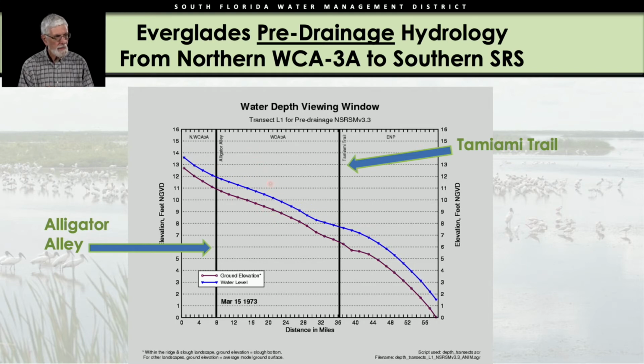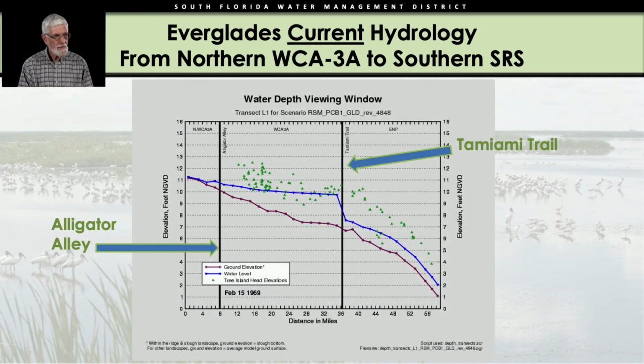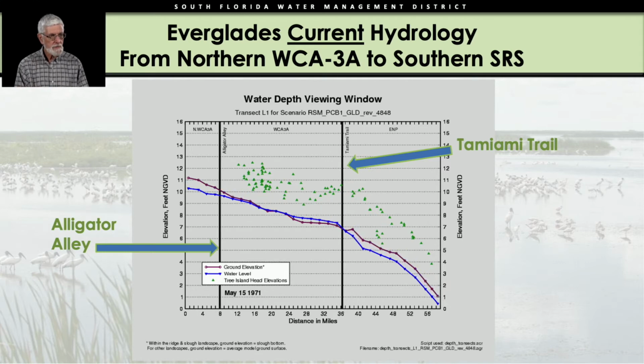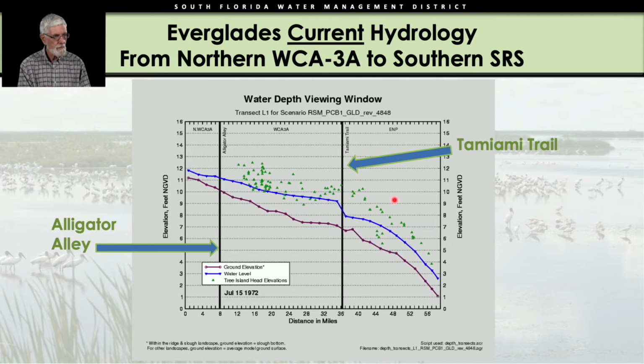Now, if we take the same type of analysis and apply it to today's system, in the green dots we've put the tree island locations on either side of the L1 swath, 2 miles on each side. Clearly, the difference is that the northern part of 3A is drying out significantly.